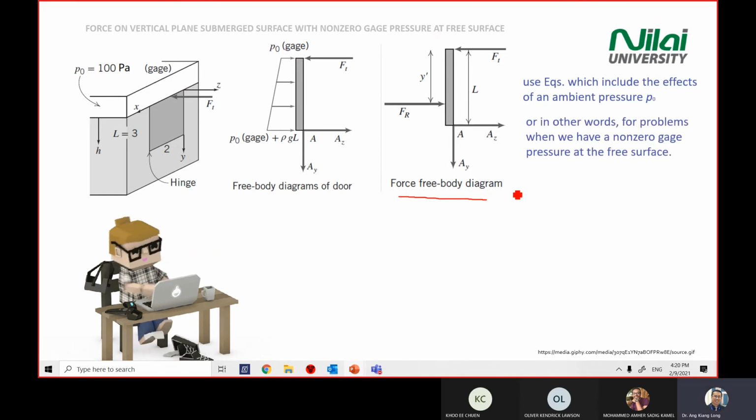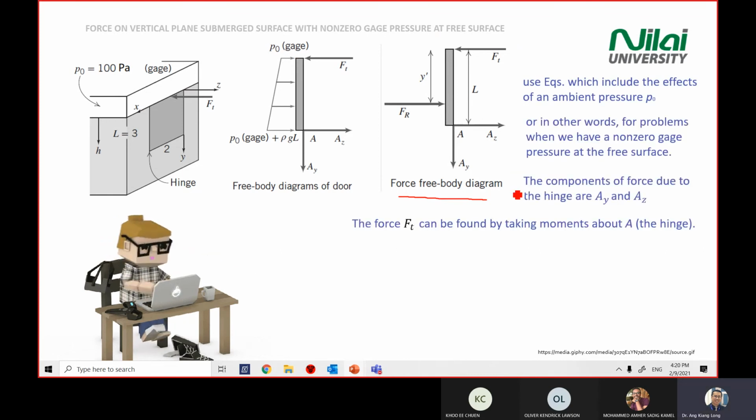So we're going to use the governing equation. So we know that Ft, because we have a hinge here. So when you have a hinge and you have a force, and the direction and the distance is 90 degree, so when you have something that the distance is 90 degree to the force, you will generate a moment.